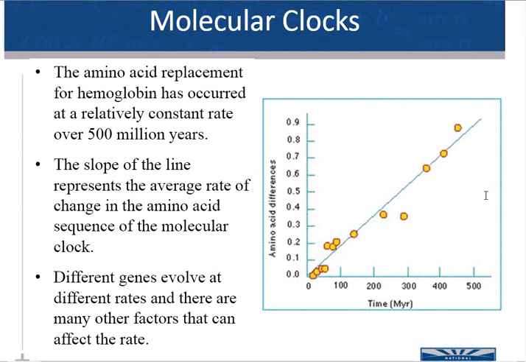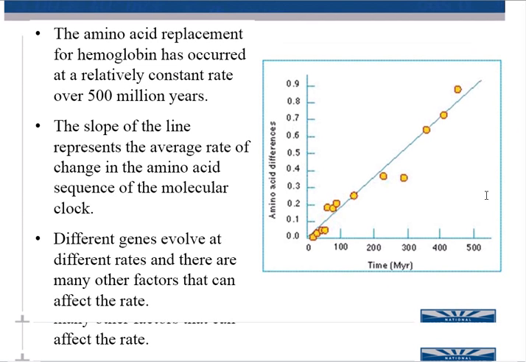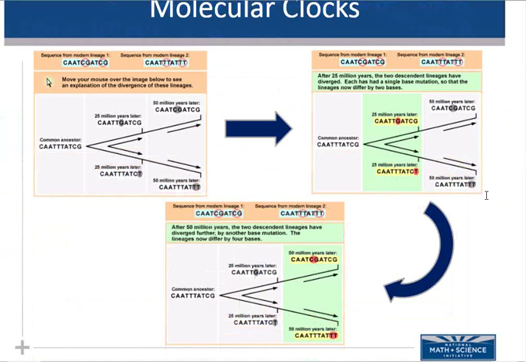More a little bit here about using the rate of amino acid replacement as a molecular clock. Again, we're talking about changes occurring at a steady rate so that we can calculate how long a structure has been evolving. Another great illustration.